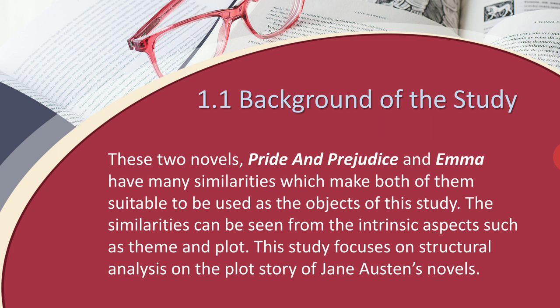Talking about the background of the study, ladies and gentlemen, these 2 novels, Pride and Prejudice and Emma, have many similarities which make both of them suitable to be used as the object of this study. The similarities can be seen from the intrinsic aspects such as theme and also the plot. The study focuses on the structural analysis and also the plot of Jane Austen's novels.